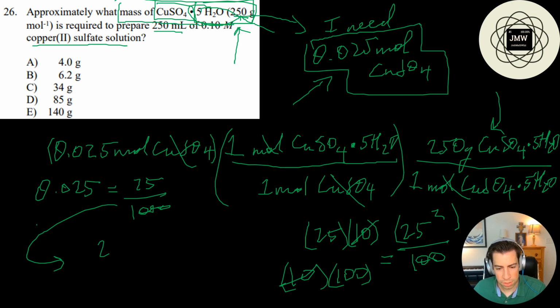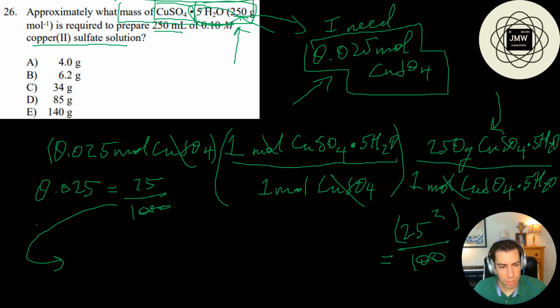Sorry, I'm going to erase what I just did. All right. Now, what is 25 squared? Well, I know that 25 is just 5 times 5. So 25 squared is really just going to be 5 times 5 times 5 times 5, all of this divided by 100.